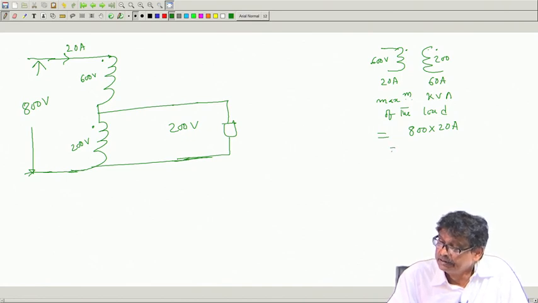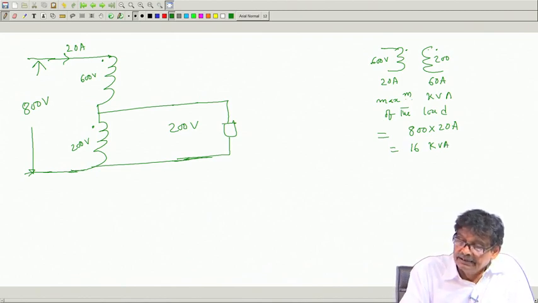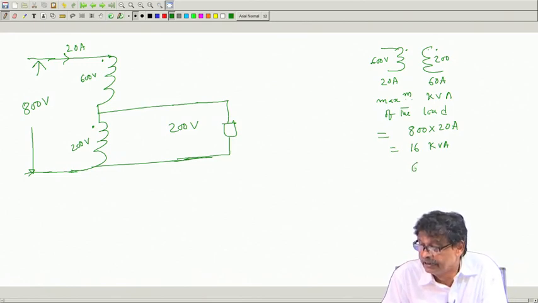that is 16 kVA, and this 16 kVA will come here. I know the voltage. So, 16,000 divided by 200, 80 ampere.